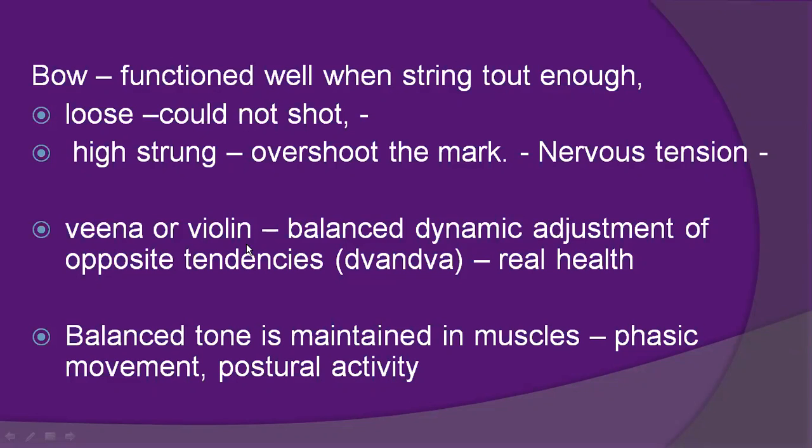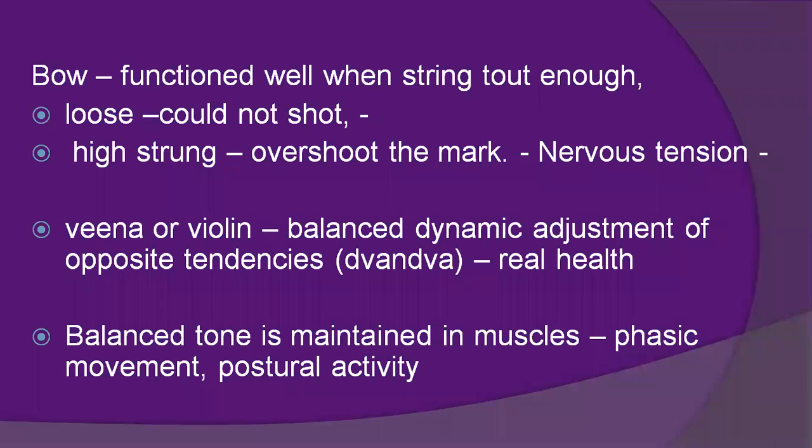So, for example, veena or violin: balanced dynamic adjustment of opposite tendencies, the dvandva. If you're practicing like a veena or violin, balanced dynamic adjustment of opposite tendencies happens, which means the contraction of muscles. Our muscles, also our nerves, both have two tendencies, inhibitory and facilitatory. Both you have to balance by practicing asanas.